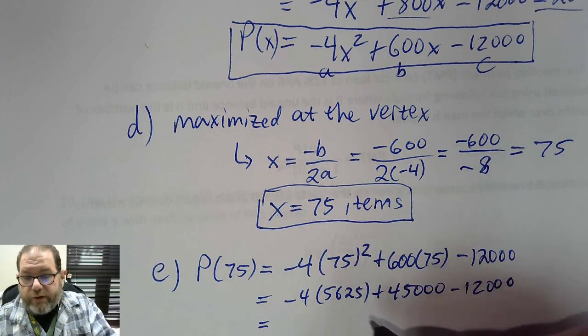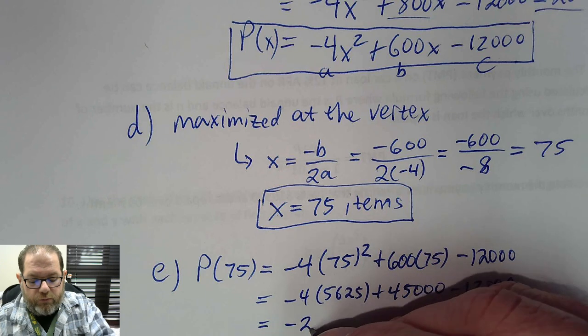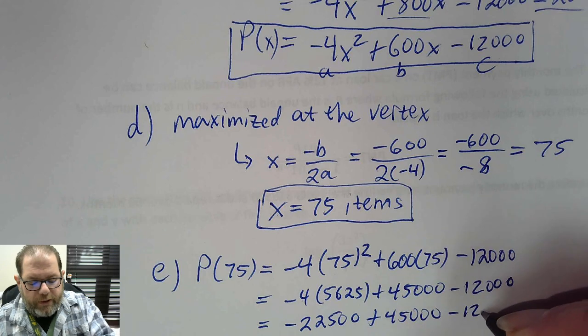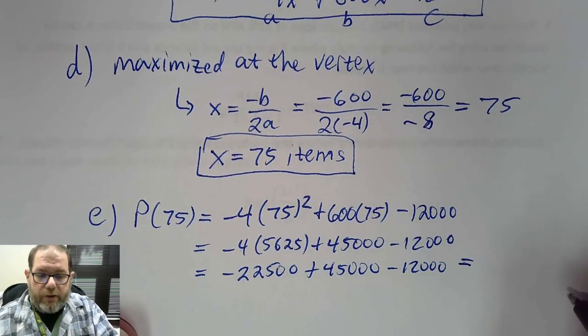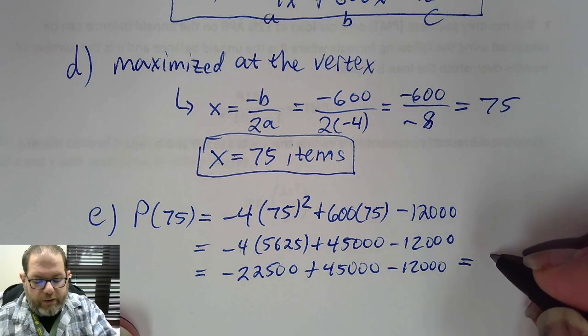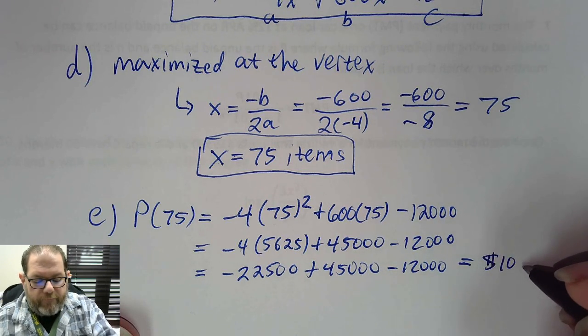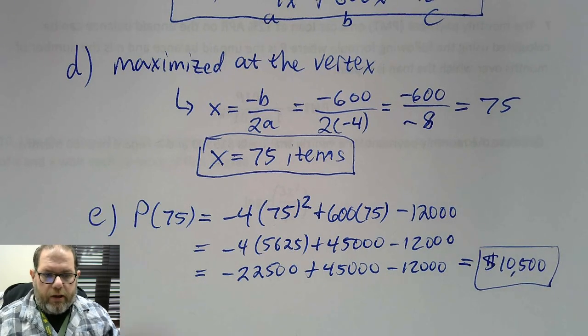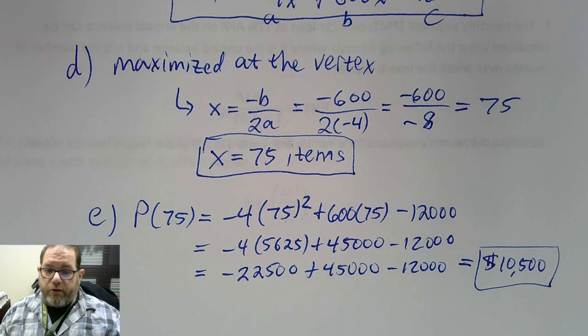And then negative 4 times 5625, that's negative 22,500 plus 45,000 minus 12,000. And so if we combine all that together, that ends up being $10,500. So that ends up being our maximum profit.